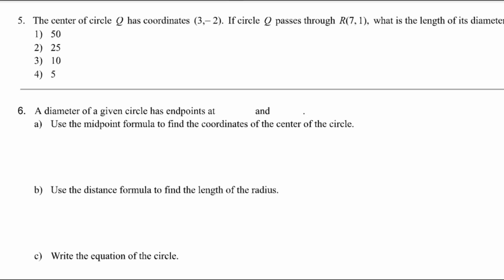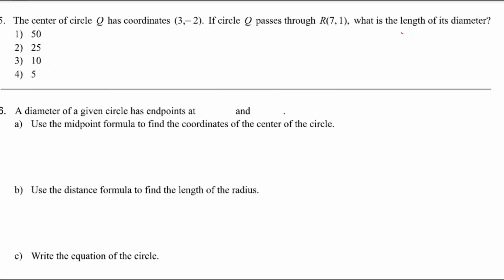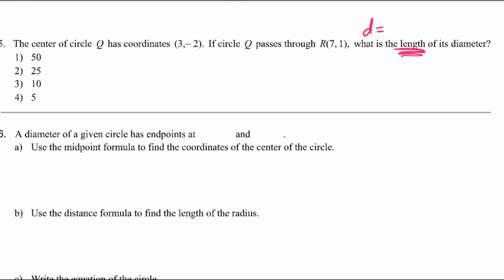Number 5. The center of circle Q has coordinates (3, −2). If circle Q passes through R, which is at (7, 1), what is the length of its diameter? Now that word length is a key word that's telling me I might have to use the distance formula here as I'm going through this.